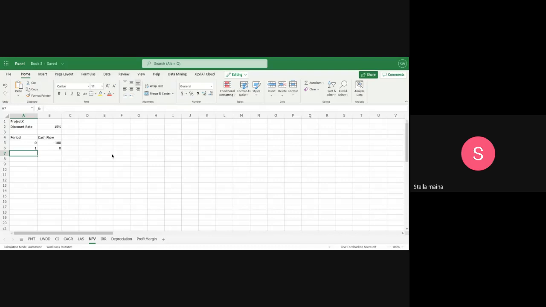We assume that zero is today, when you start investing. According to the period, maybe you're doing this monthly, yearly or quarterly, so the first quarter is what you invest.